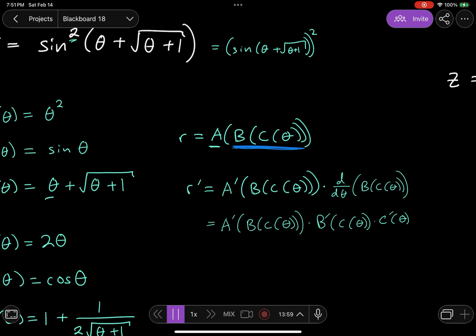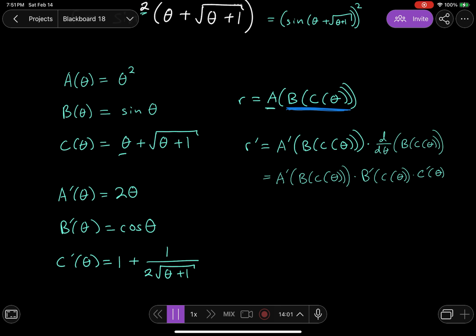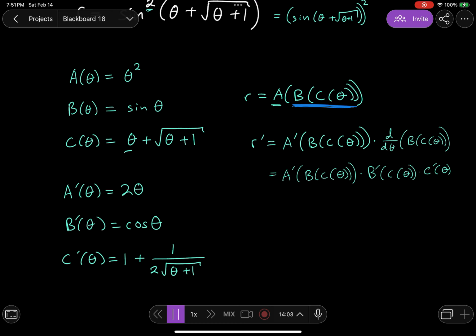So now I ask myself, how do I find these three pieces? Well, a prime is 2 times theta. But what I'm going to plug in for theta here is b of c of theta. In other words, I need to grab c of theta, this guy, plug it into b. So grab this thing, plug it in for theta. That's going to create sine of this huge thing, right?